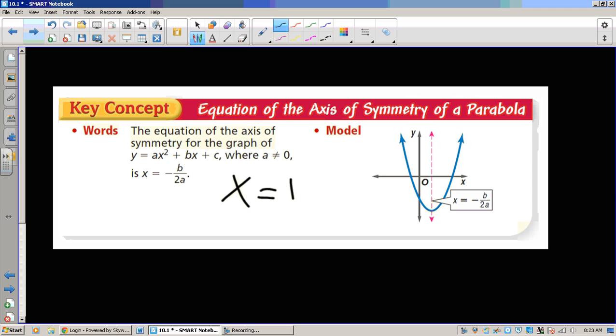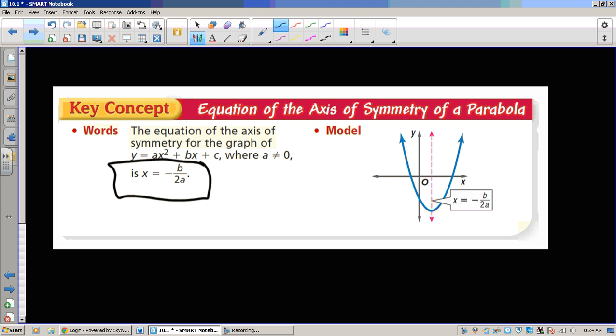What slope does that line have? Undefined. Vertical lines have undefined slope. A horizontal line would have a slope of 0, but a vertical line is undefined. So if you're taking notes, this is something you're going to want to put down.